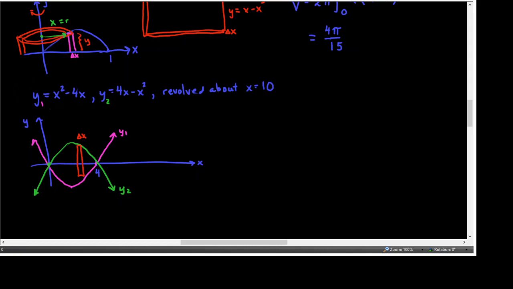Now obviously this probably won't be to scale, otherwise I won't be able to fit it well. So let's just pretend like x equals 10 is that close. And we're revolving about that. And so my image of that rectangle in red as it goes around here, I'll try to draw it so that it at least looks sort of close.